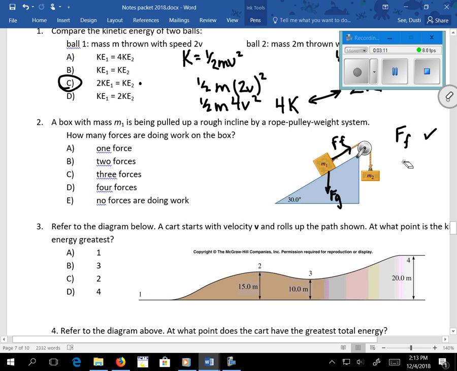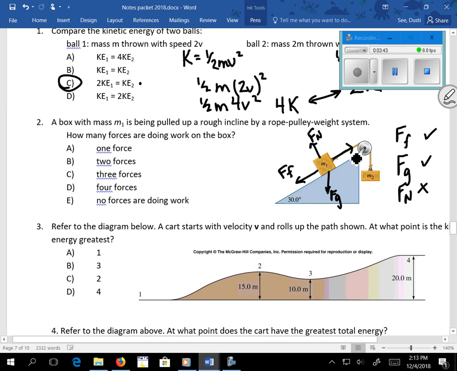So let me erase that. Our F of G does do work. We have our F of N. F of N doesn't do any work, so that would be no work. Oh, hold on, I drew my F of F in the wrong spot. If it's being pulled up the incline, my F of F is this way, but it still does work.